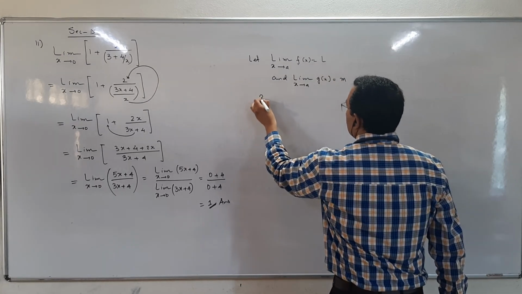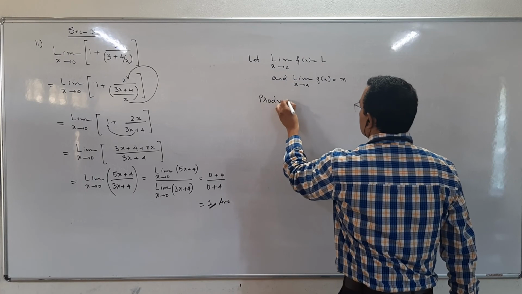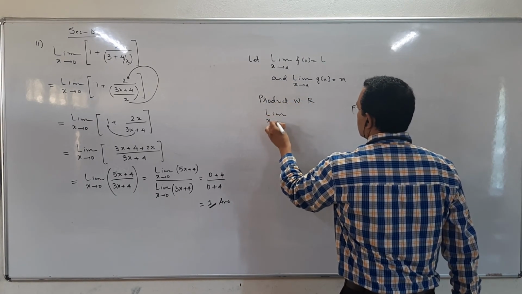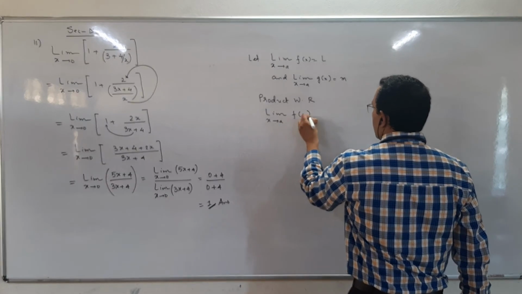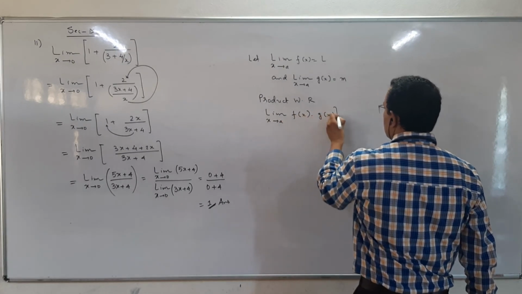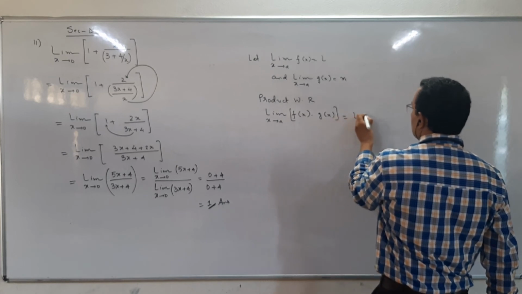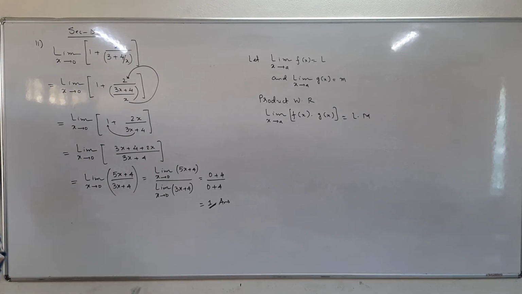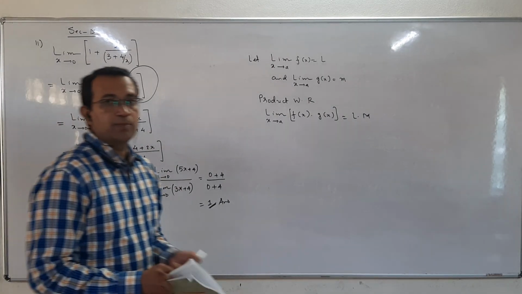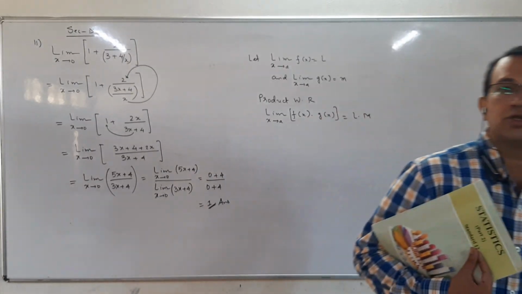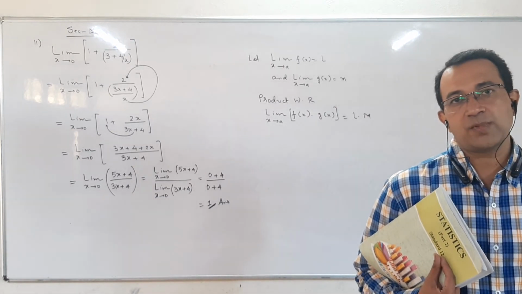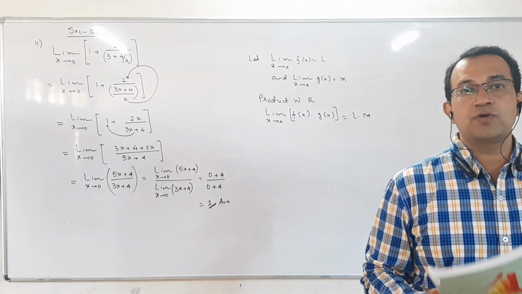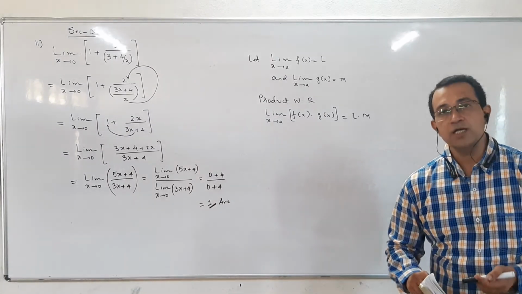Then product working rule: limit x tends to a, f(x) into g(x) will be equal to L into n. Limit of product of two functions is equal to the product of limits of both the functions. I repeat, limit of product of two functions is equal to the product of limits of both the functions.